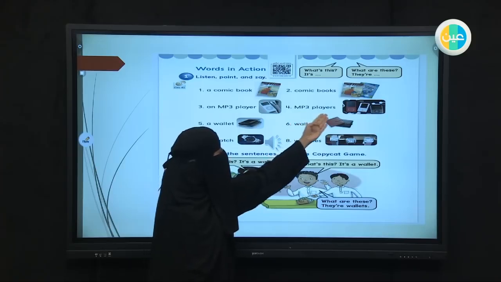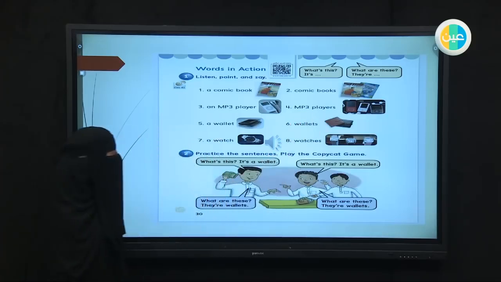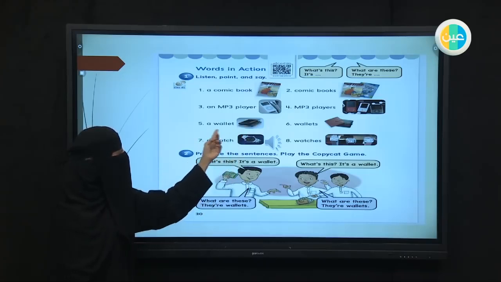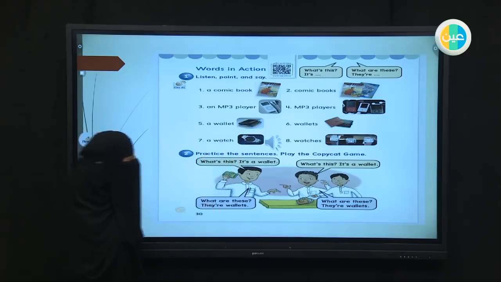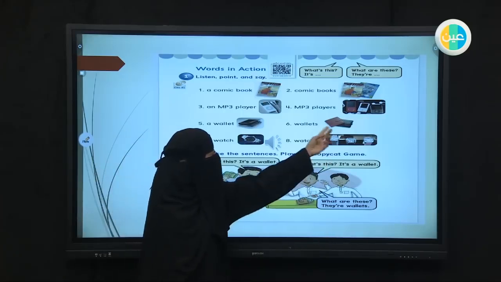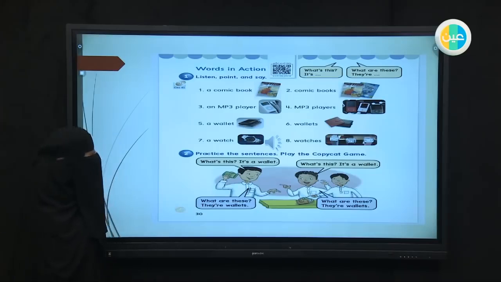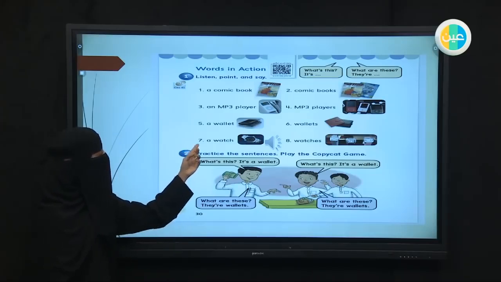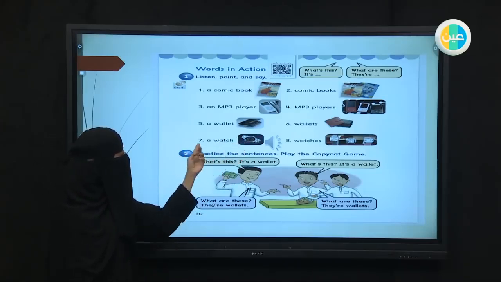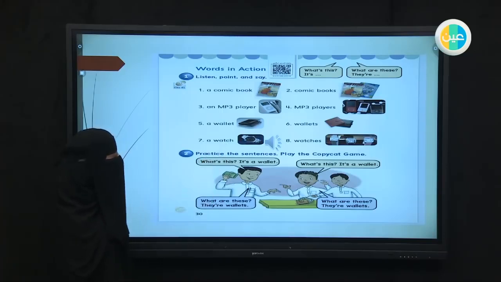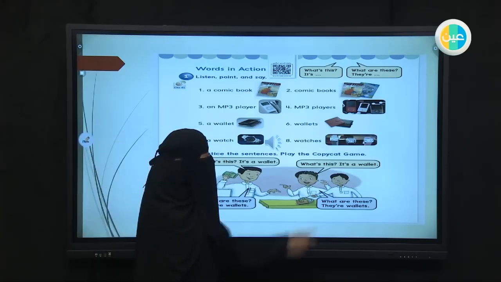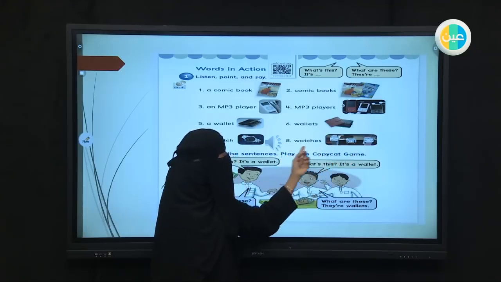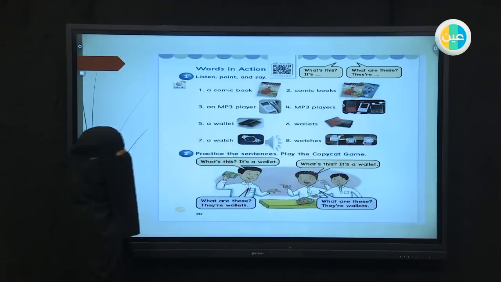They're MP3 players. 5. What's this? It's a wallet. 6. What are these? They're wallets. 7. What's this? It's a watch. 8. What are these? They're watches.